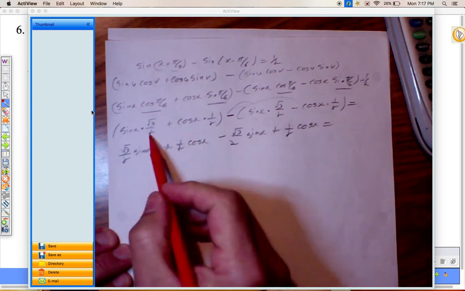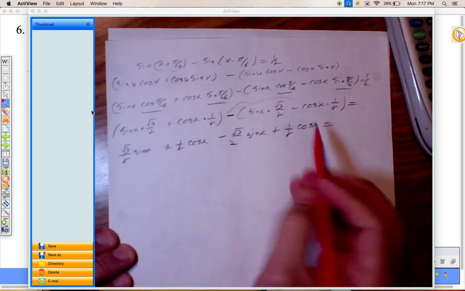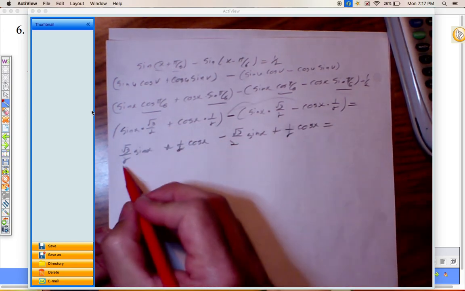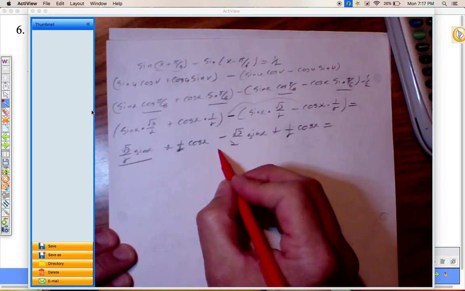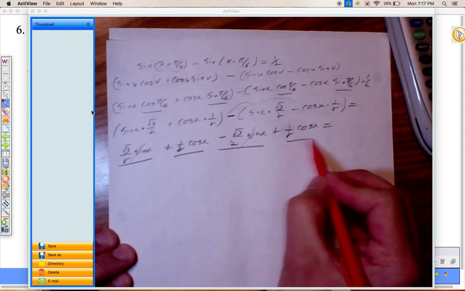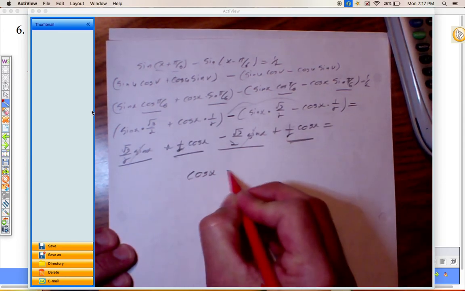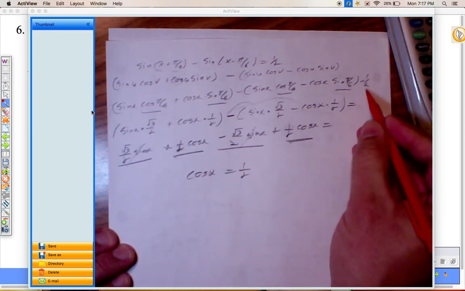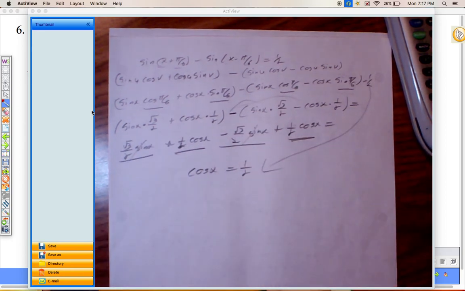So I move my coefficients to the front and distribute the negative. So I have a square root of 3 over 2 sine x minus the square root of 3 over 2 sine x, they disappear. A half a cosine plus a half a cosine is a full cosine, and I keep bringing down that equal to a half. Whew. A lot of little things, nothing crazy. Being able to do the sine of pi over 6 and not thinking about it is the important part.